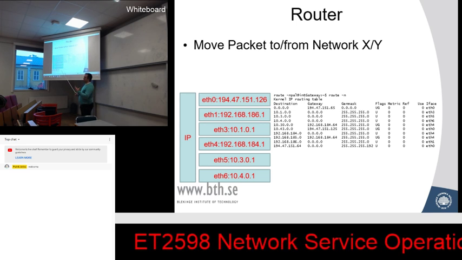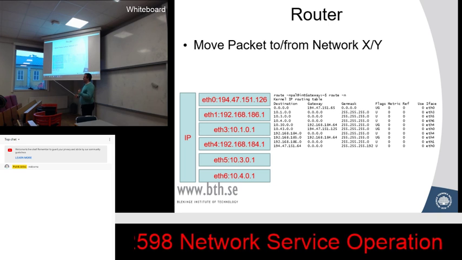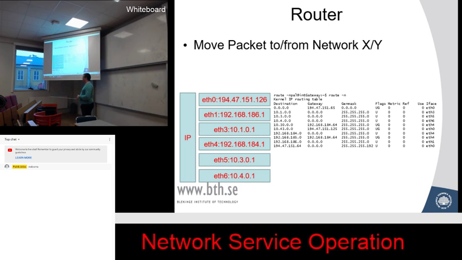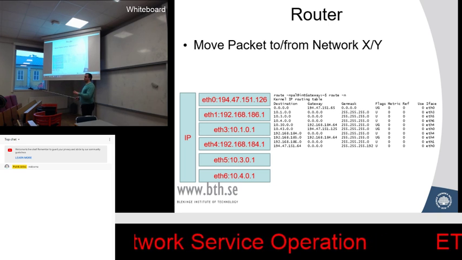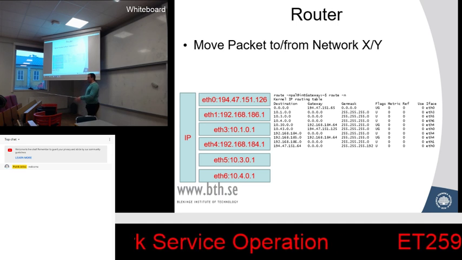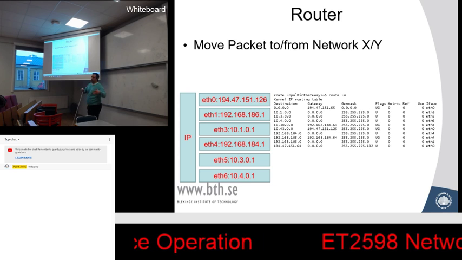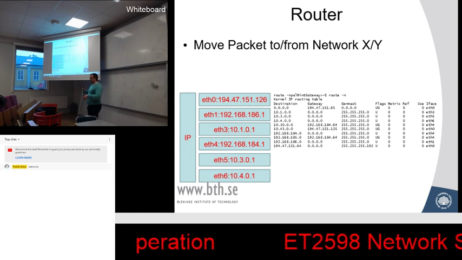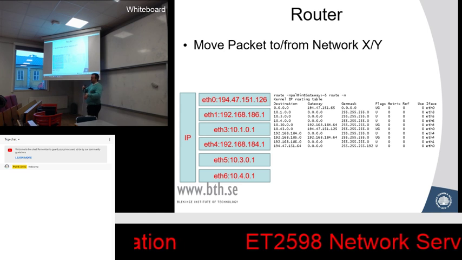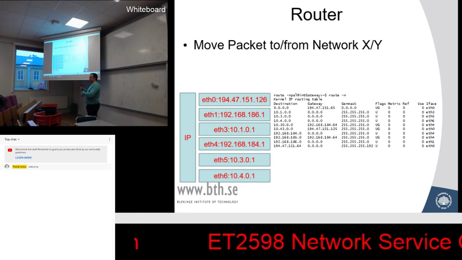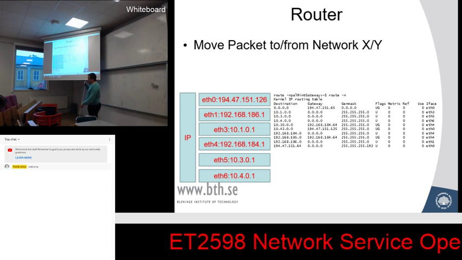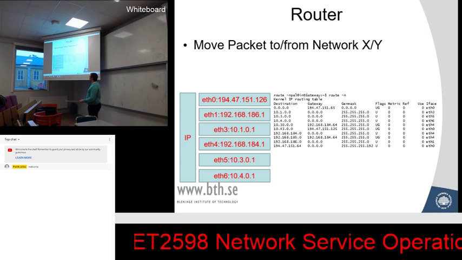You can view the routing table in a Linux device using route -n or ip route or something. I'm an old-style guy, so I'm using the old commands: ifconfig, route. You're supposed to use the new commands, which are ip. So you learn both of them.